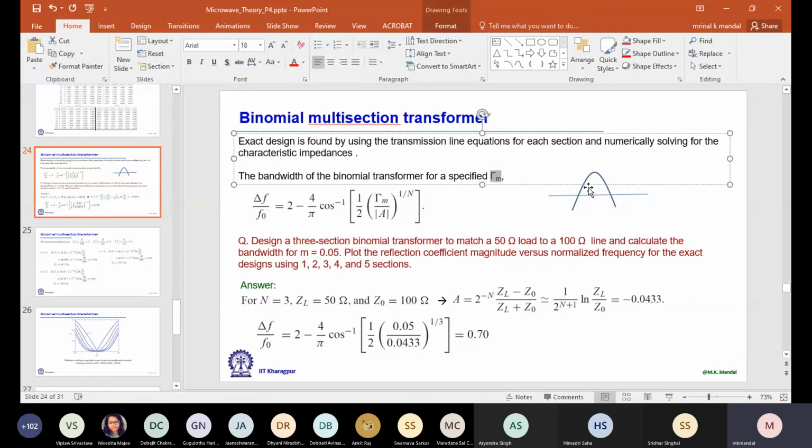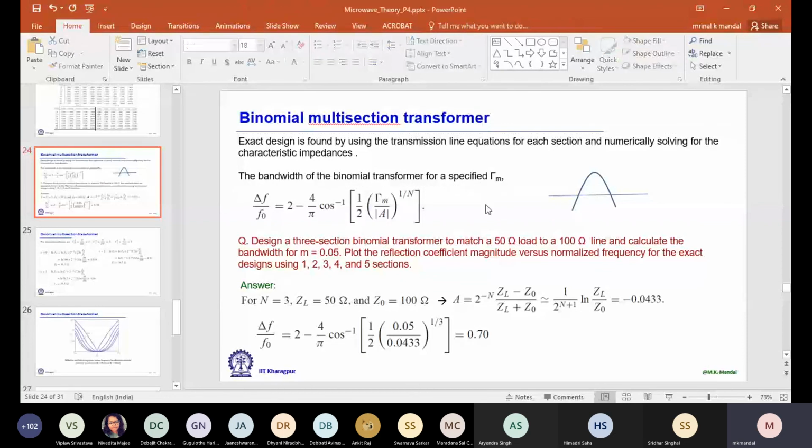Then for reflection coefficient, let's say less than 5% power is reflected over the whole band. Then you need to specify some value. And this bandwidth is defined with respect to gamma m. So that first year concept, some of it you now have to forget. Now you are at an advanced stage.